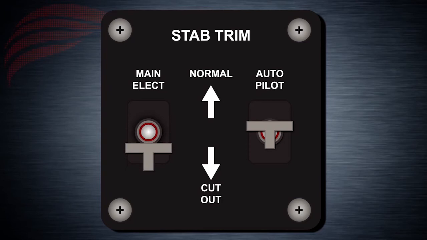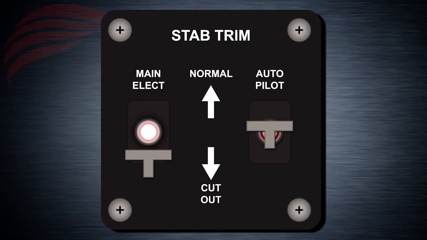The stabilizer trim override switch bypasses the column cutout switch. The pilot uses this switch to operate the electric trim if both column cutout switches fail.